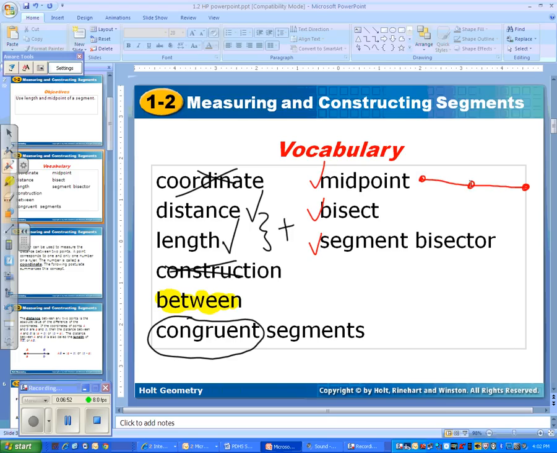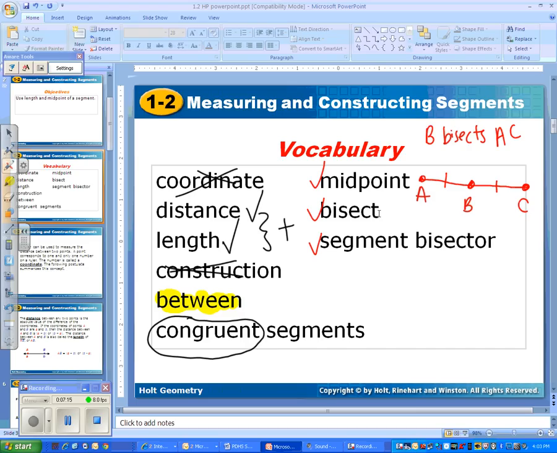So a midpoint is something that's exactly in the middle of 2 other points. So to show you that B is the midpoint of line segment AC, you would use tick marks. So when you see the tick marks, that means B is exactly in the middle. You could also say that B bisects line segment AC.